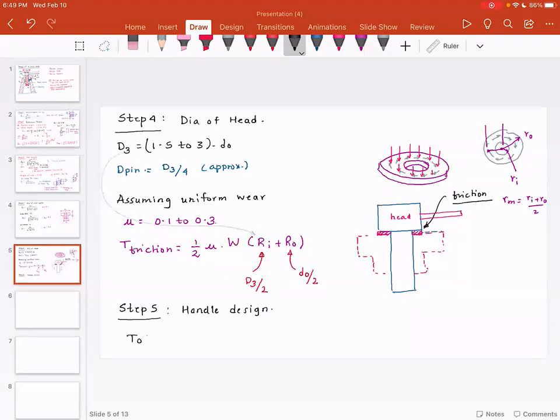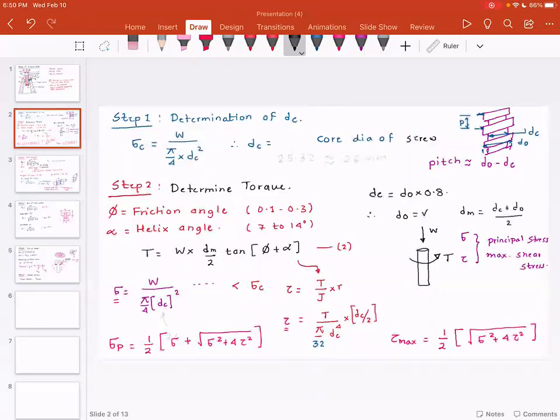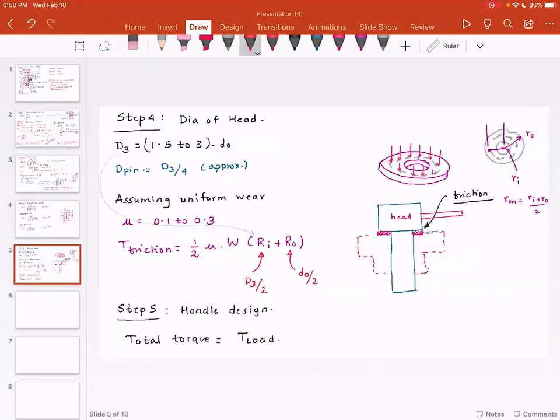Total torque is equal to T load, which comes from step 2, plus T friction, that comes from step 4. And that gives you the total torque.